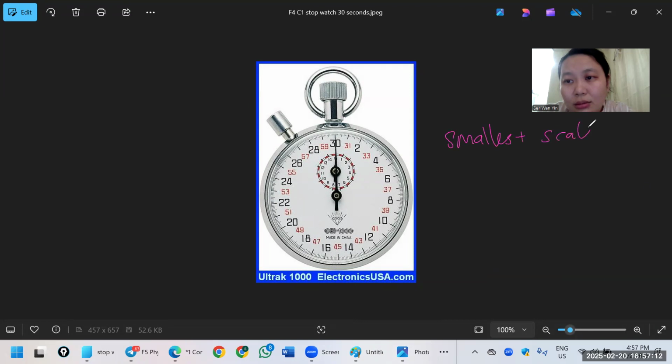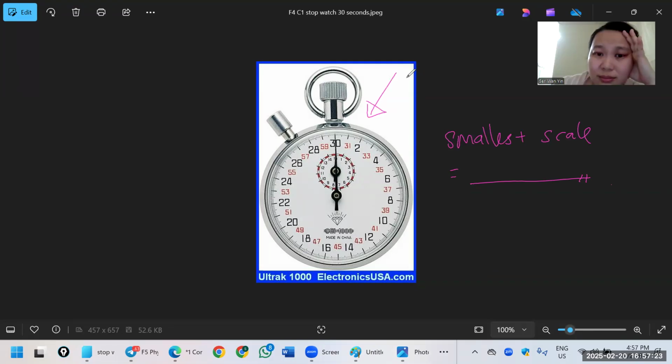The smallest scale of the stopwatch means the smallest unit that this stopwatch can measure. Millisecond? No, not millisecond.